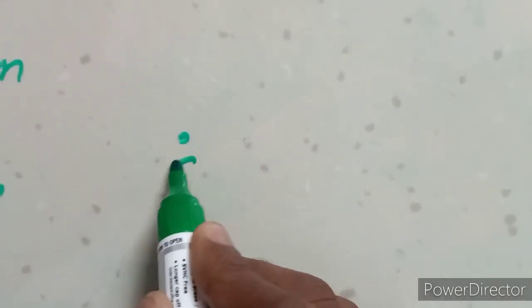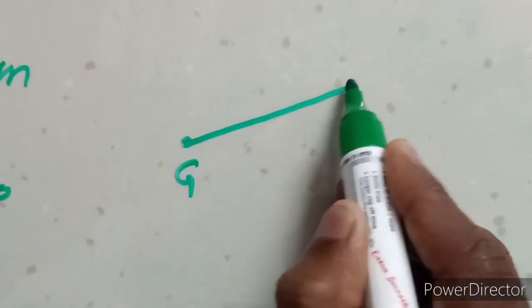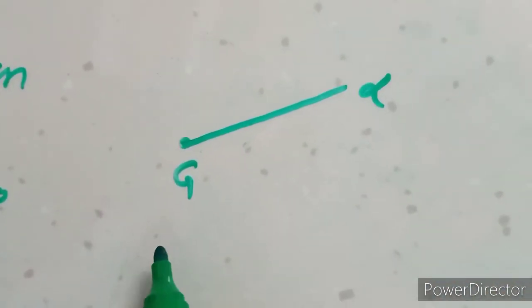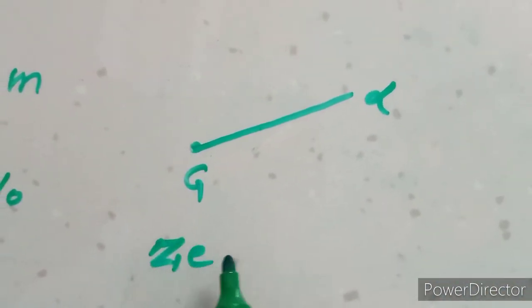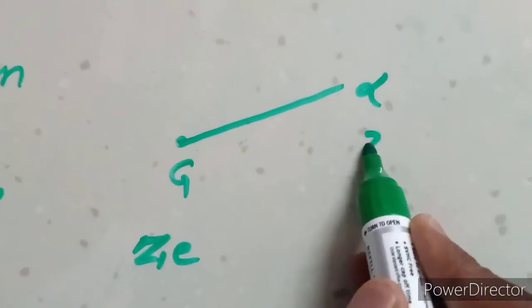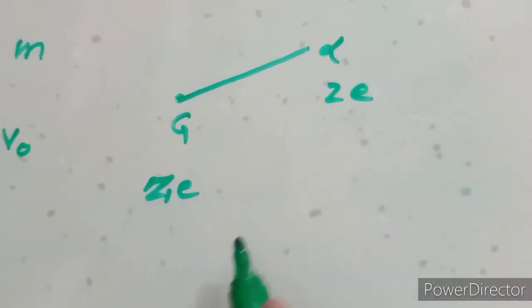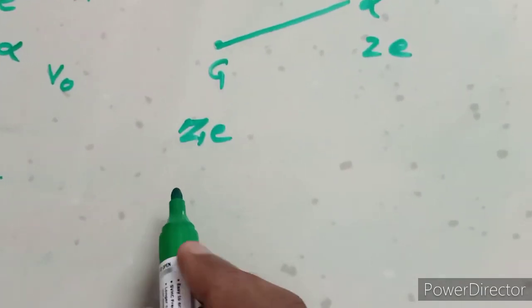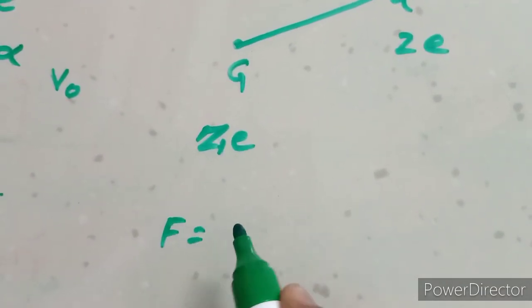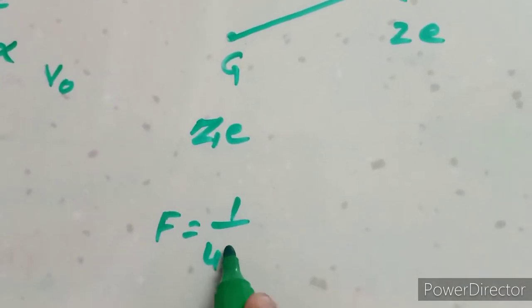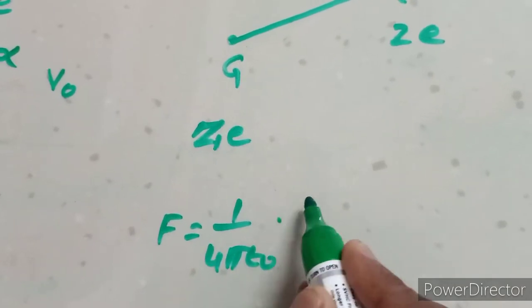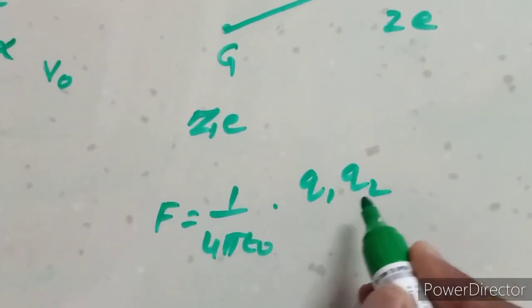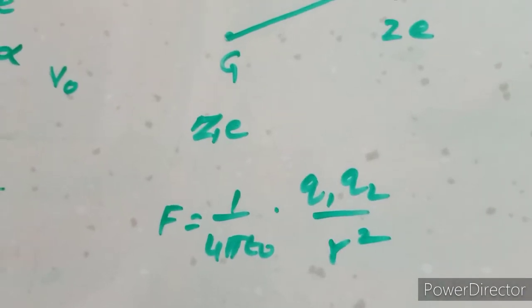In order to calculate the scattering angle, first of all we find the Coulombic force between the gold nucleus and the alpha particle. The charge of the gold nucleus is Ze. The charge of the alpha particle is 2e. Due to Coulombic force, F equals 1 upon 4 pi epsilon naught Q1 Q2 upon r square.